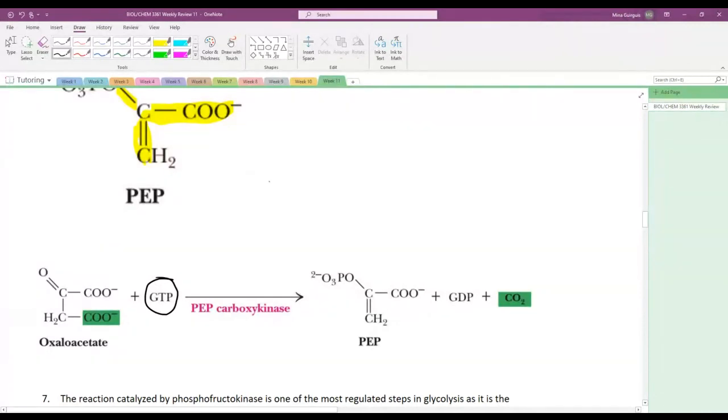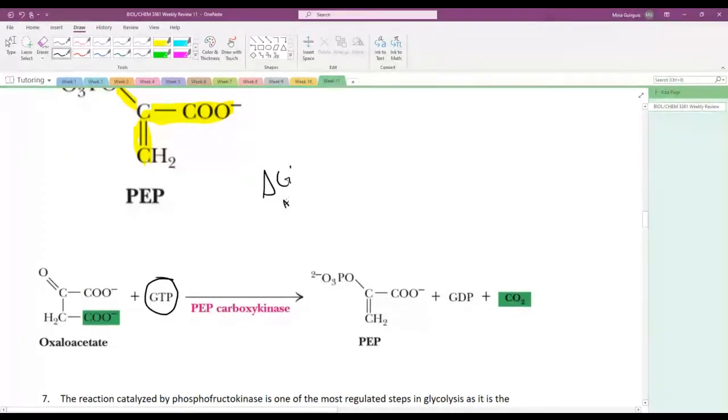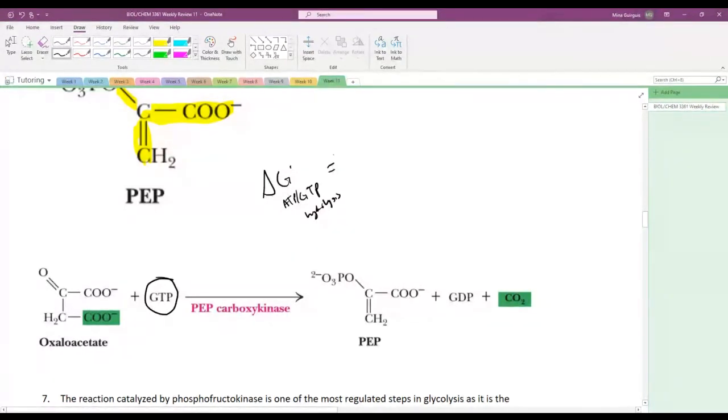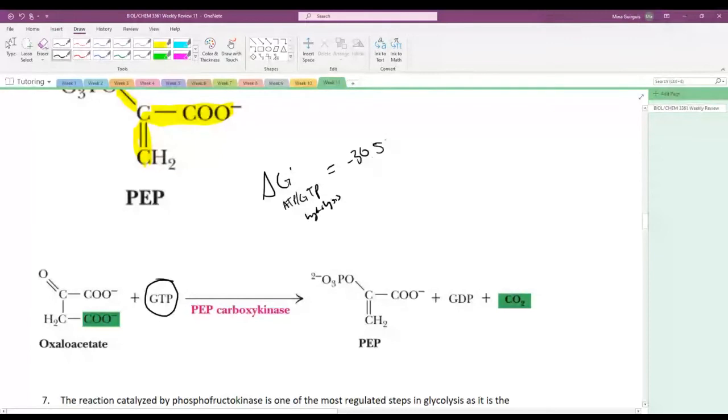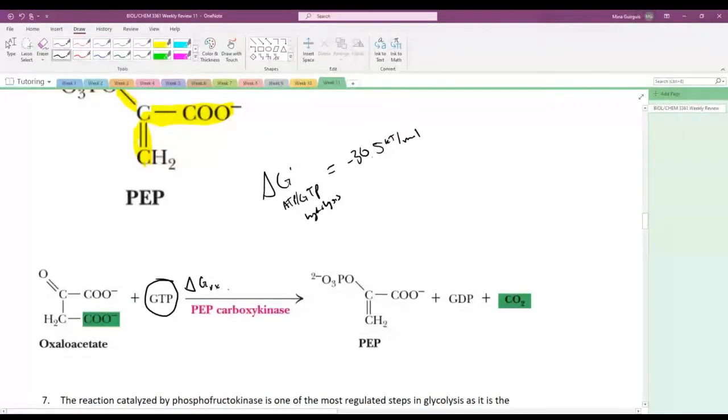The hydrolysis of GTP, the delta G naught of ATP/GTP hydrolysis, because they're relatively equivalent, is, like we said, about -30.5 kilojoules per mole. The delta G of this reaction, which I'll draw, is about -2.6 kilojoules per mole.